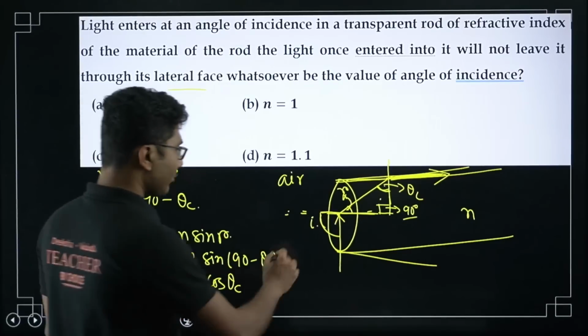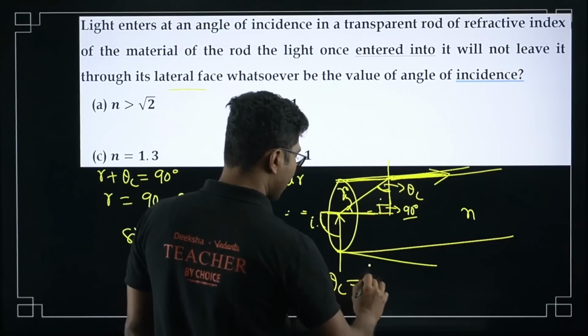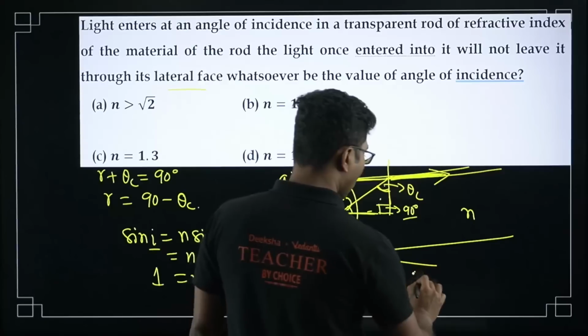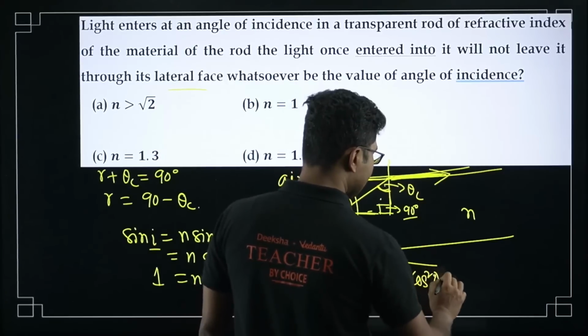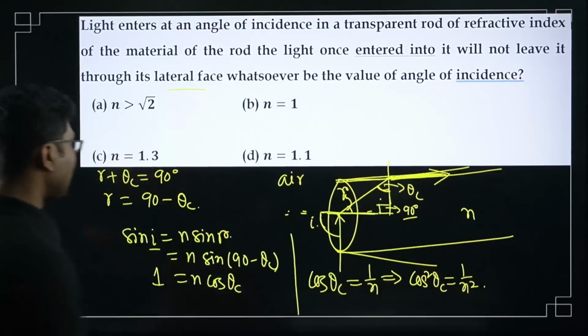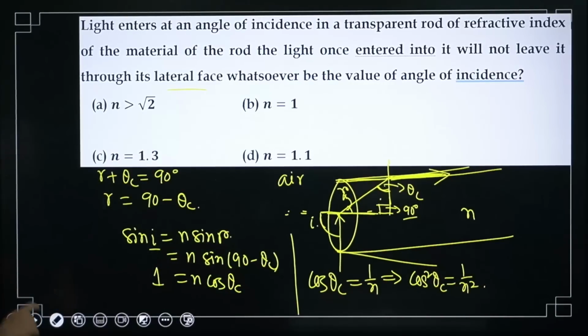So cos theta c, from here we get cos theta c equals 1 by n, or squaring both sides we get cos square theta c equals 1 by n square. Now what is cos square theta c?